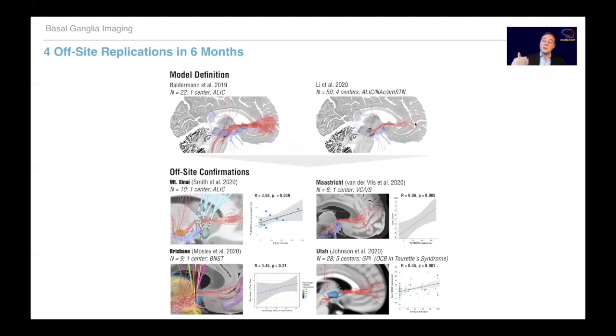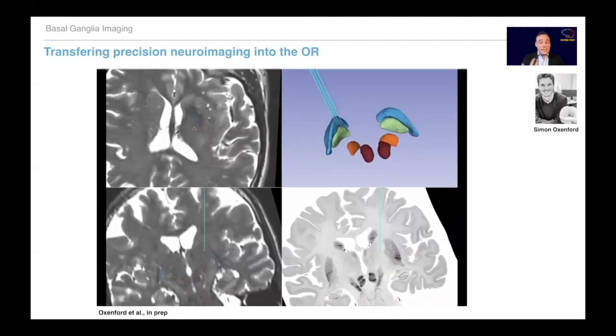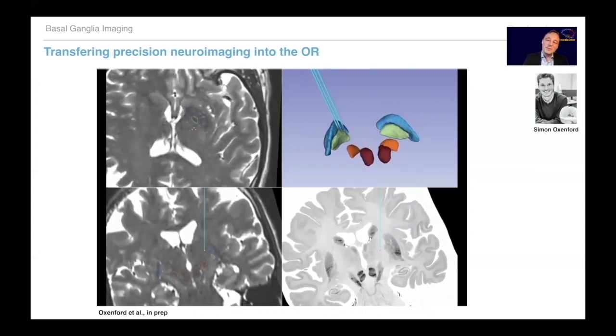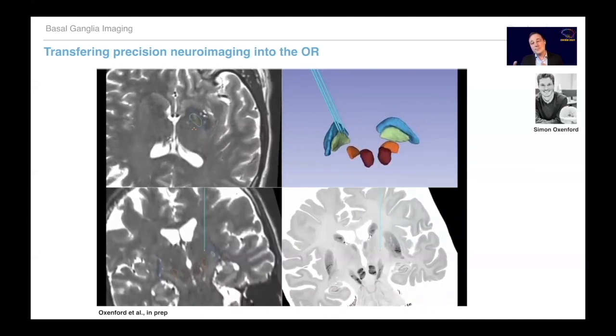We made that tract openly available within LeadDBS, and within 6 months we had about 4 studies that replicated the effects to some degree. So we can see that by now, with precision imaging, we can certainly find models that can be replicated across the globe.